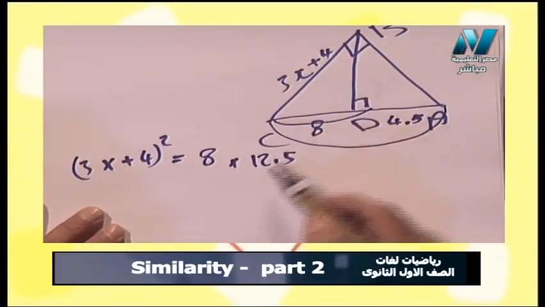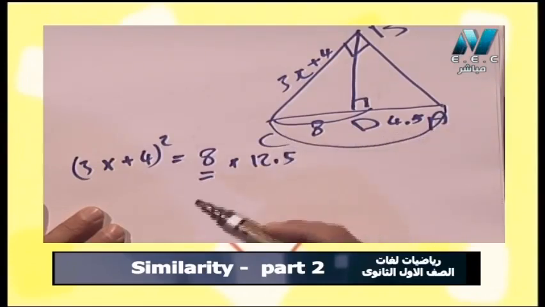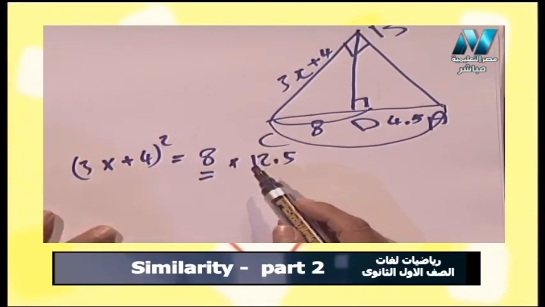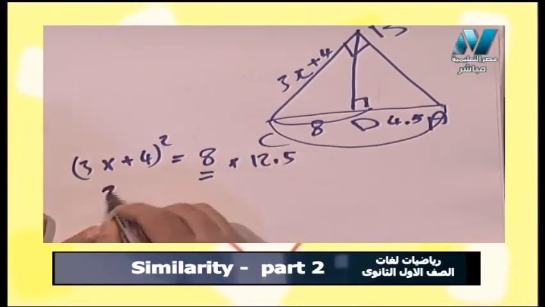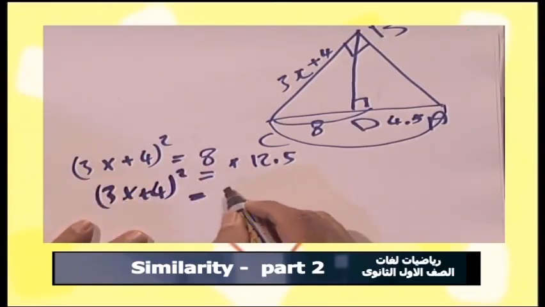CD here equals 8, and 8 plus 4.5 equals 12.5. So (3x plus 4) power 2 equals 100.